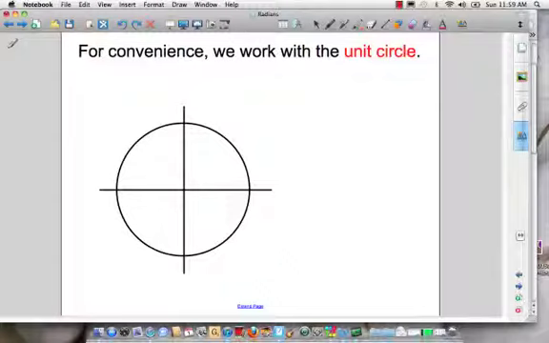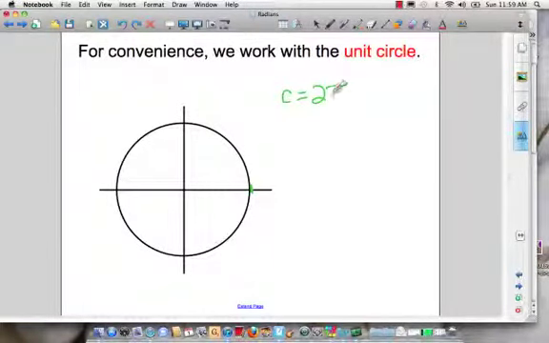For convenience, we're usually going to work with the unit circle, and this is where it's going to get into what you actually have to start knowing really well. First, unit circle means that the radius is 1. So let's consider what the circumference of this circle is.